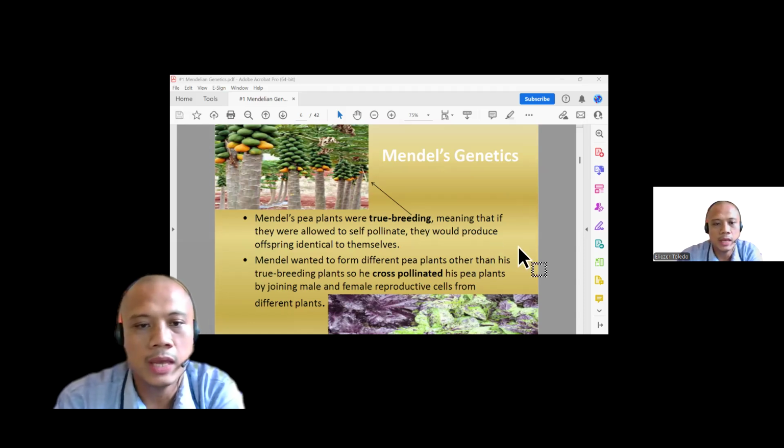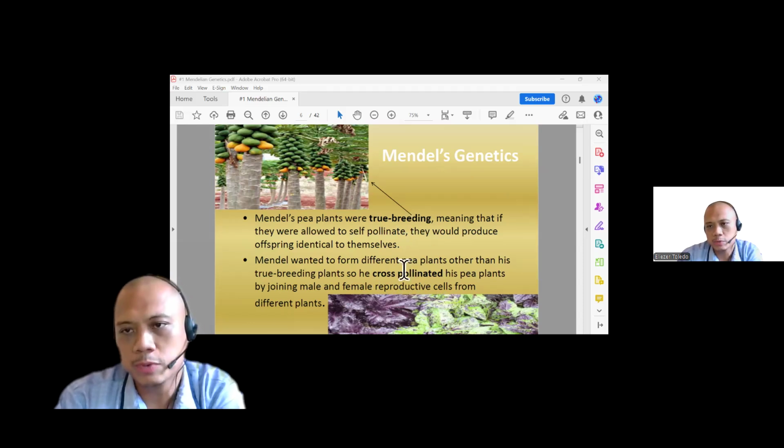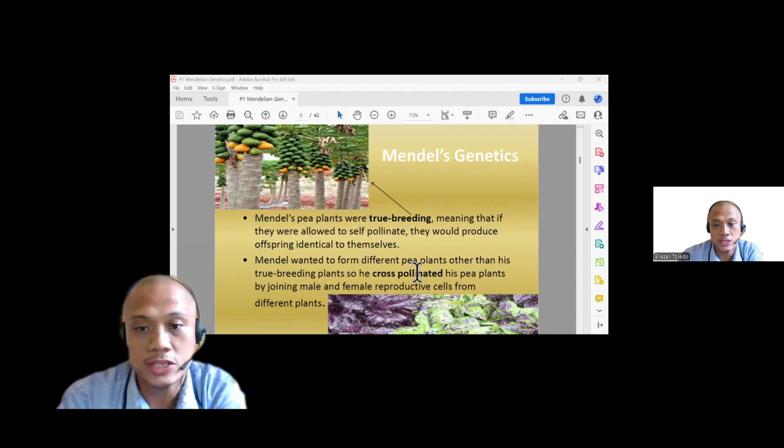Okay? Mendel wanted to form different pea plants other than his true breeding plants. So he cross-pollinated. Okay, now there is the true breeding, another terminology, and cross-pollination. Cross-pollination, if this one would produce just two orange, then if you're going to cross-pollinate, then definitely there is going to be another trait that is involved on this one.